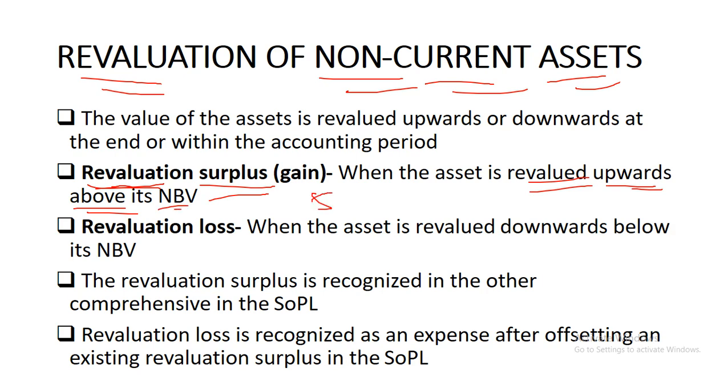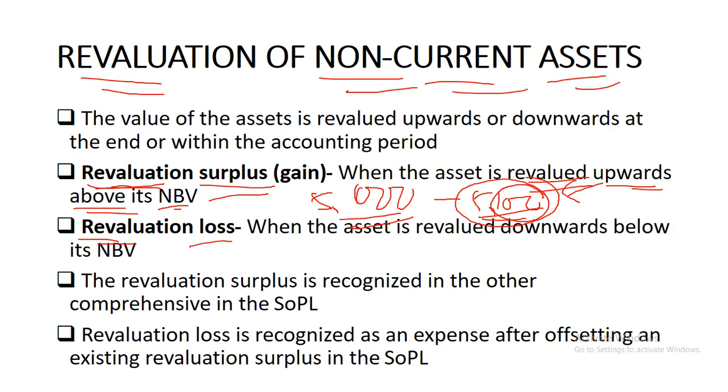So for instance, the net book value of an asset is 5,000, and then it has been revalued upwards by 100. So it's going to have 5,100, right? So this is the revalued amount, and then this 100, that's the revaluation surplus.